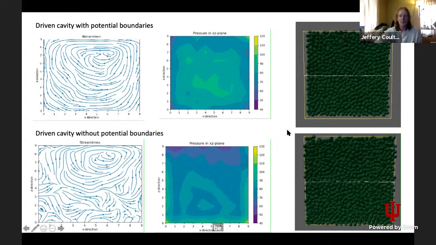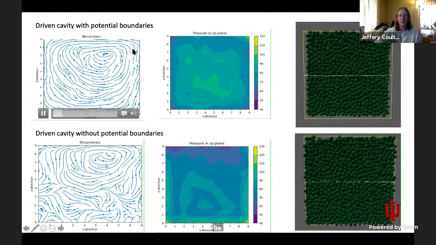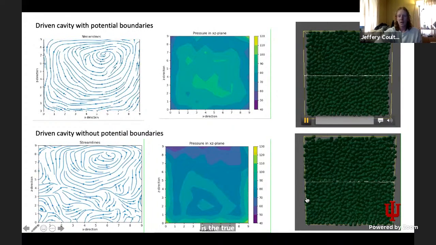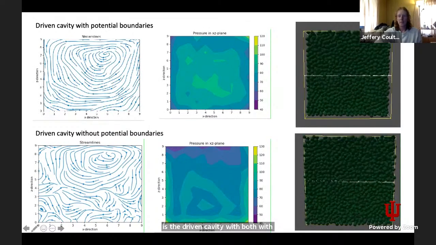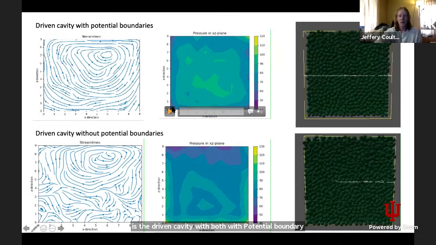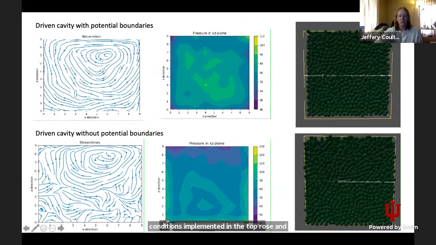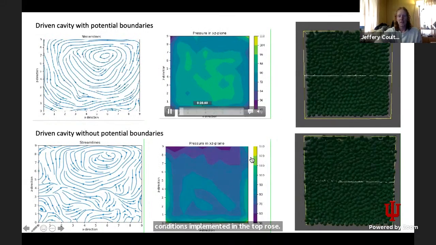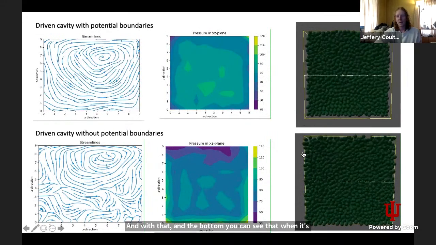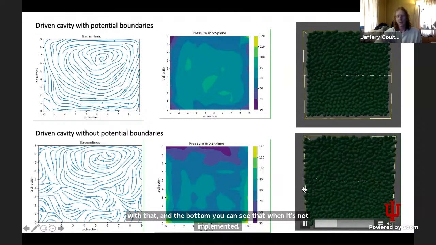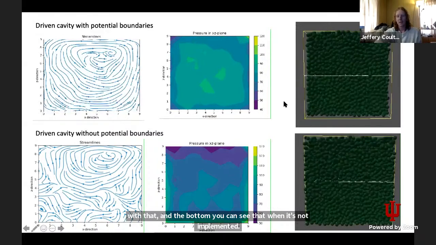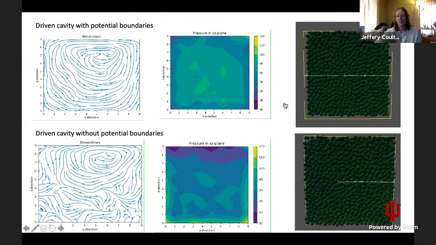Here is the driven cavity with potential boundary conditions implemented in the top rows and without that in the bottom. And you can see that when it's not implemented, the particles kind of cluster up against the wall. But with it, they don't.